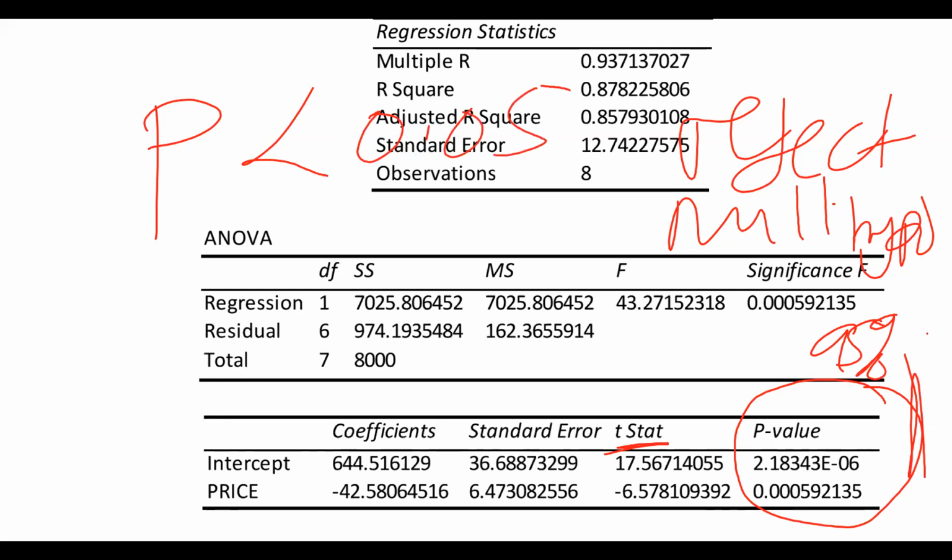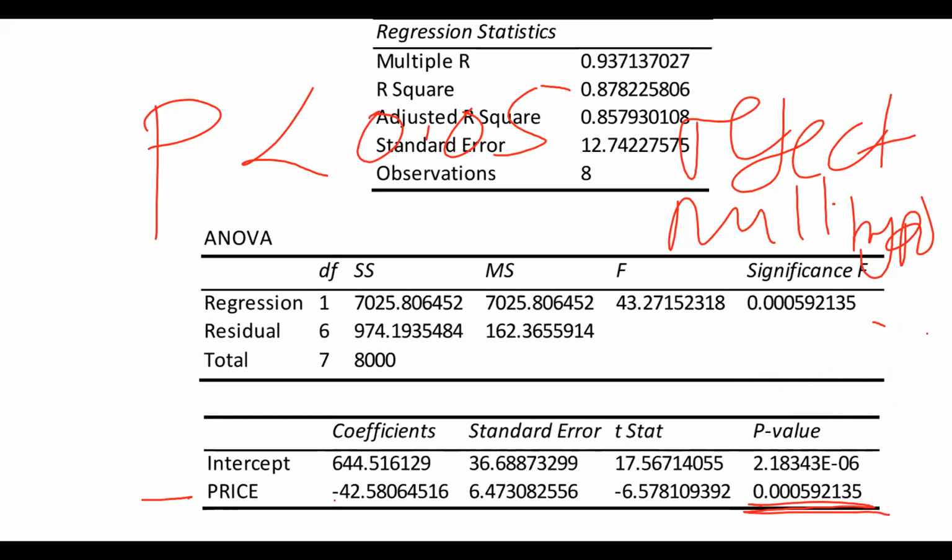So once you find that your p-value is less than 0.05, you reject the what? The null hypothesis, isn't it? Now, when you reject the null hypothesis, it means that what? The variable is statistically significant, meaning the variable has influence. Right? So for example, look at our p-value for this model. What's our p-value?